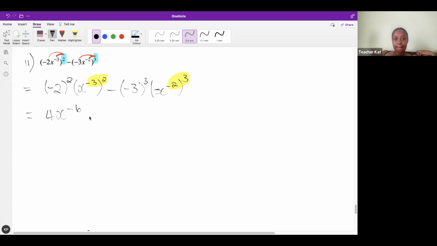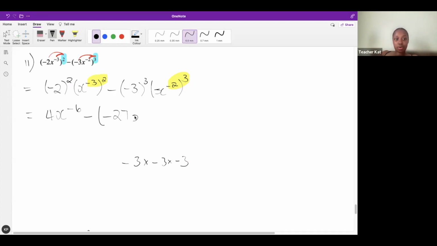-6 minus, what's -3 cubed? This time it's negative times a negative times a negative. -3 cubed, -27, and then x to the power of, I don't know why I wrote it outside the brackets.